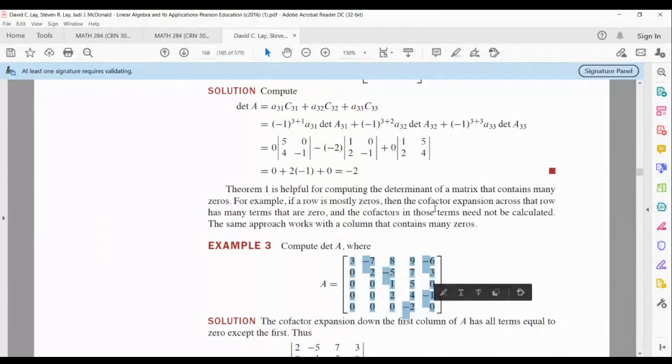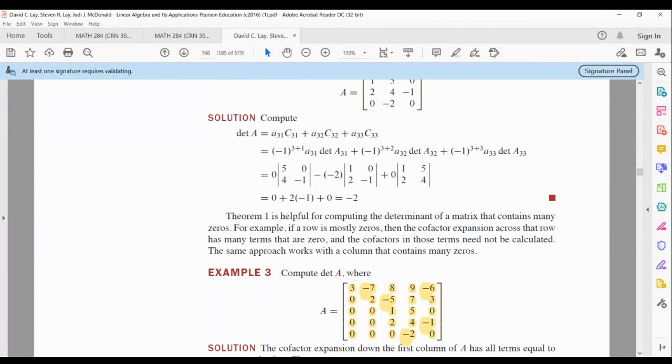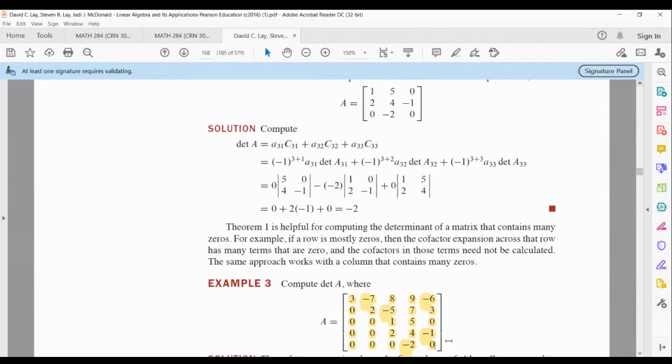My goodness. A 5 by 5 matrix. All right, we need to pick carefully which row or column we're going to expand along.